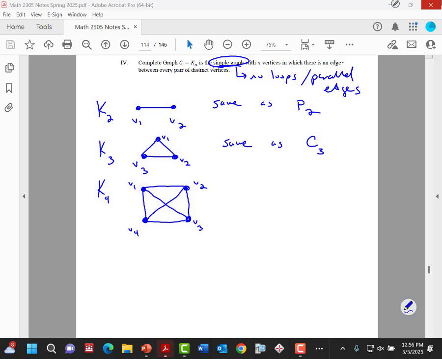And so, as you can see, in this complete graph, what it's saying is I can start at any vertex, and then I only have to travel across one edge to get to any other vertex.